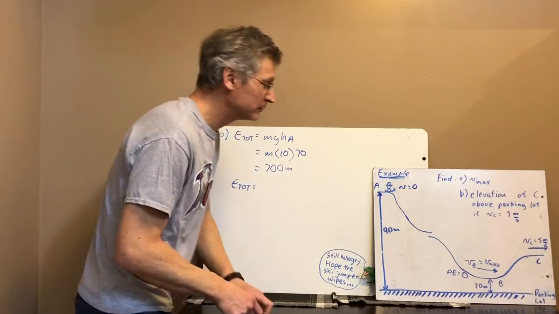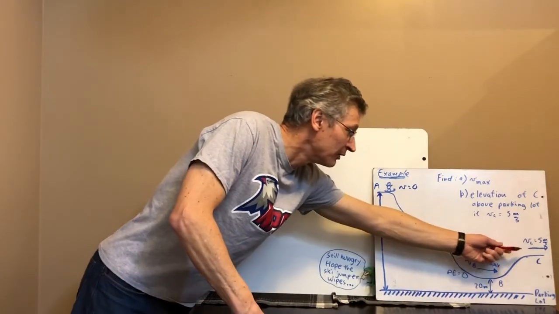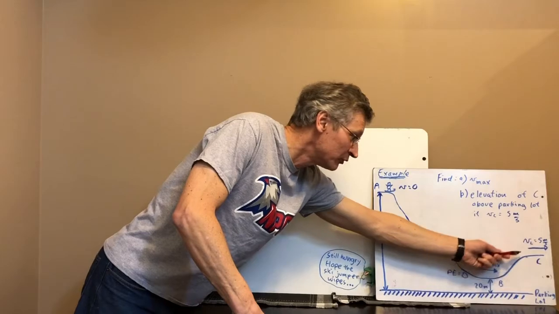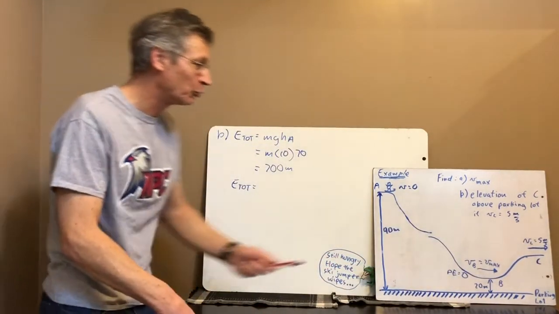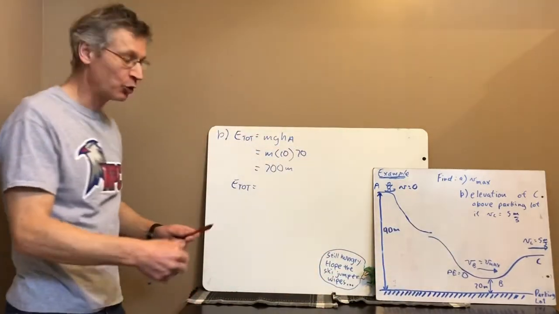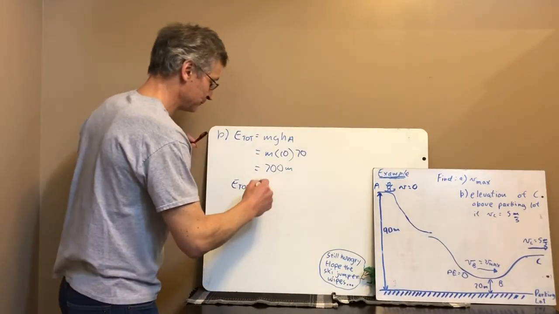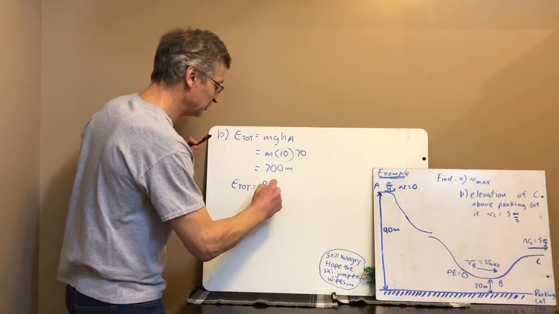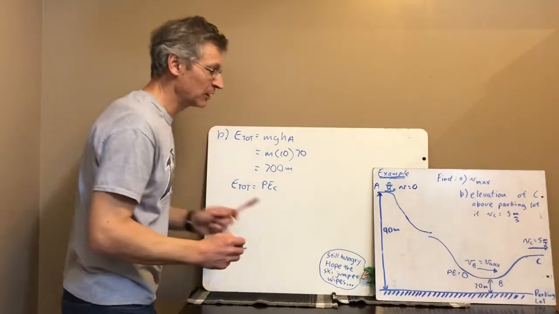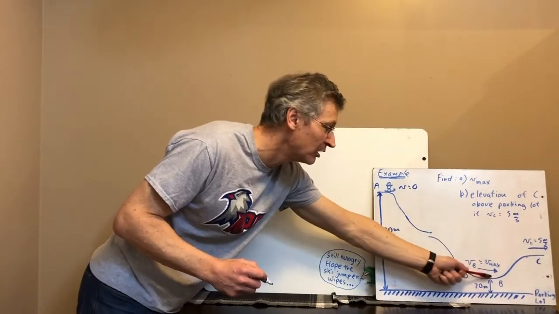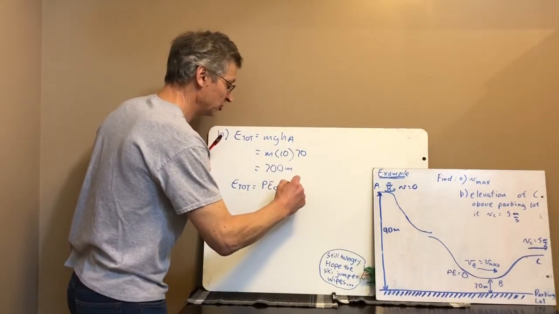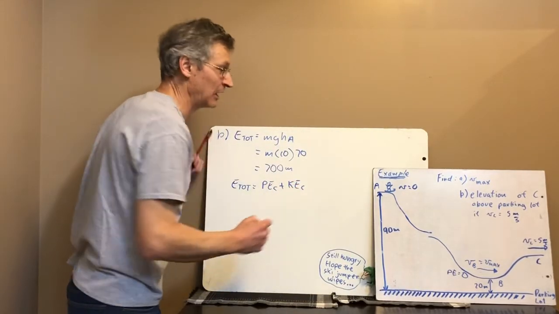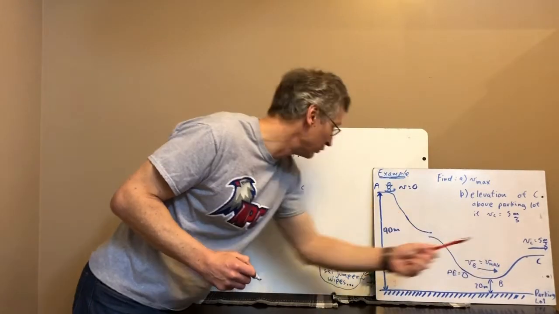Down here, well, they've got some height above the parking lot, so they have potential energy, and they're also moving, so they have kinetic energy. So when they're in area C, their total energy is going to be the potential energy they have in area C, because they've got some elevation above the reference point, plus their kinetic energy at C. Again, because they're moving there.